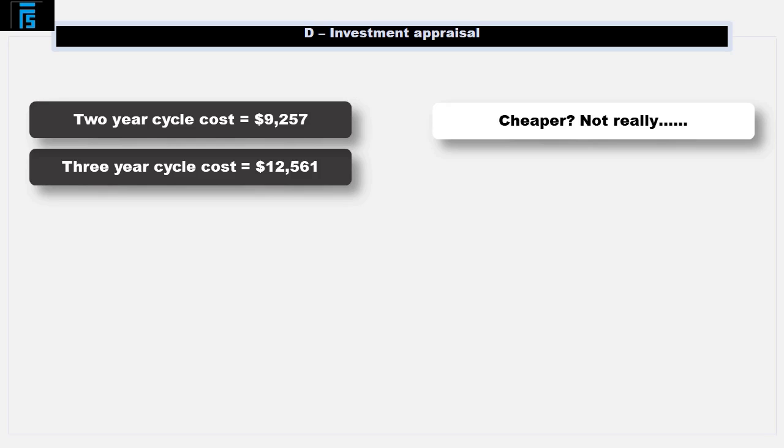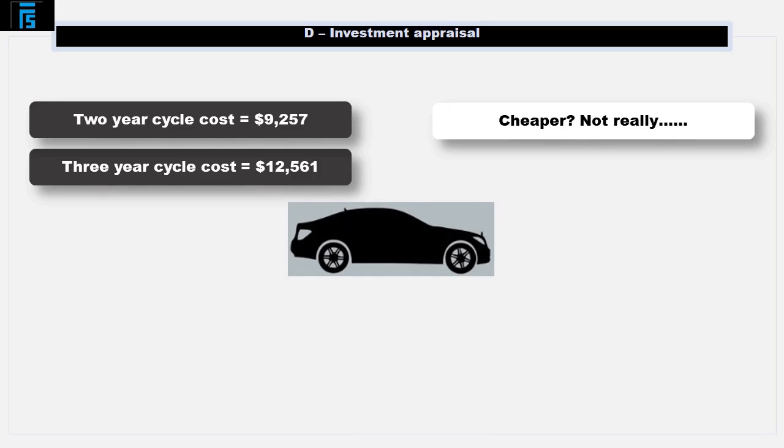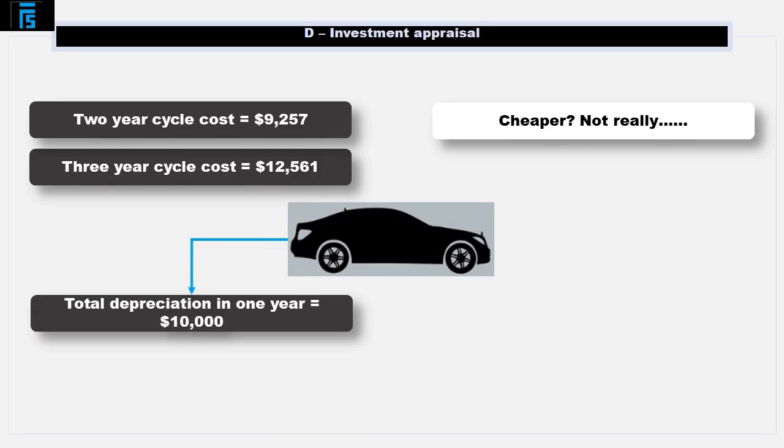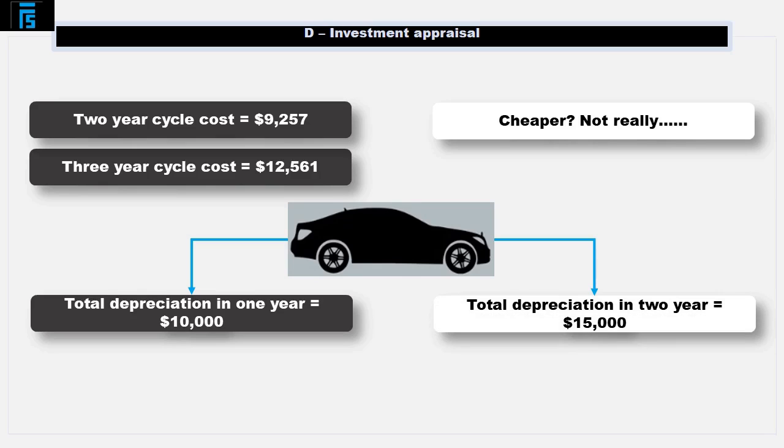However, this is analogous to saying that if I buy a brand new car and it suffers $10,000 depreciation in 1 year and a total of $15,000 depreciation over 2 years, that I'd rather suffer $10,000 depreciation than $15,000 depreciation, so I should replace my car every year.